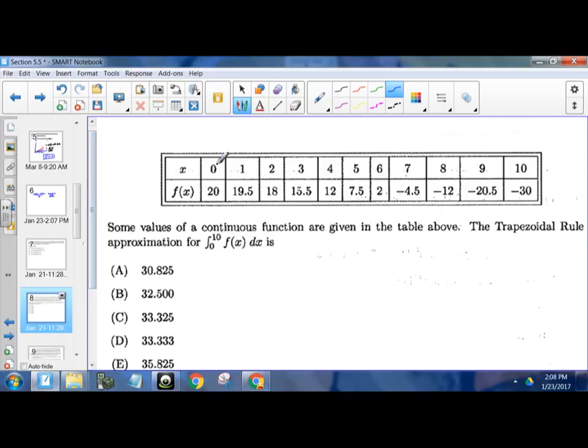So first, let's consider h. Well, h is the distance between each of these values. So it's just 1.